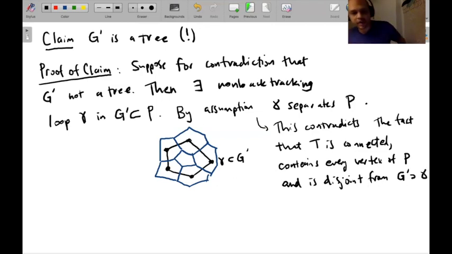So this gamma separates P into two pieces, and each of those pieces contains some vertices. We can see that in this picture. There are some vertices here on one side of gamma, and then there are some other vertices on the other side.